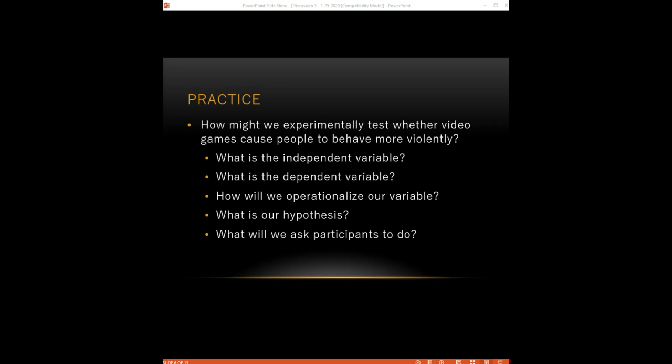I think they have very good evidence that video games in and of themselves do not cause people to be more violent. However, the camp that says that it does, at this point, I think they acknowledge that it's not necessarily going to cause everyone to be more violent, but it could, for certain individuals who already have a predisposition to be violent, give them a means to act out those feelings that they already have.